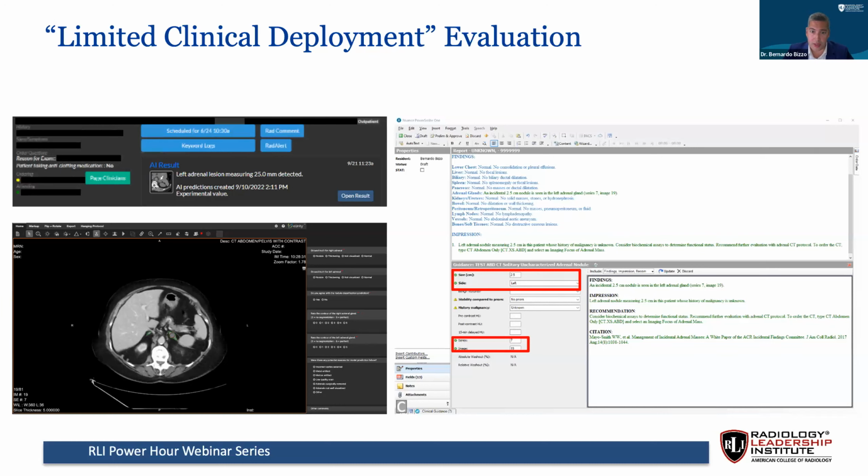In this case, right or left adrenal gland, if the nodule is present, what the size, large diameter, in the series where it was detected by the AI, and everything, including any changes to model predictions based on the radiology review of those drafted reports, are saved in our AI database for subgroup analysis and continued validation of the model for retraining and post-market surveillance purposes.